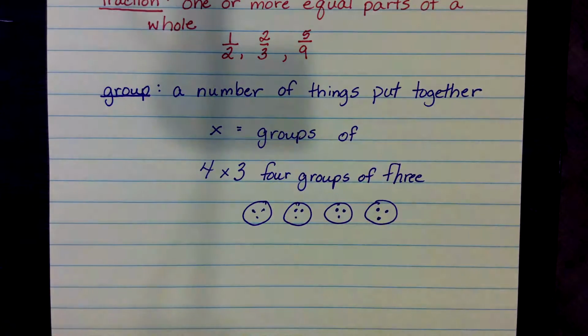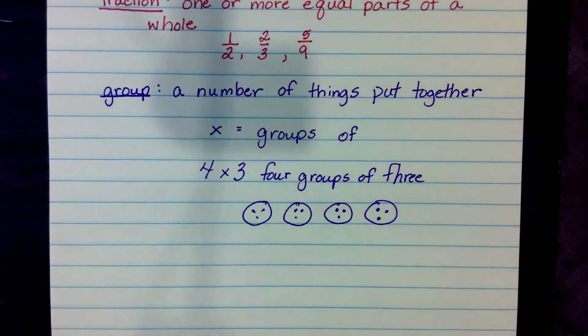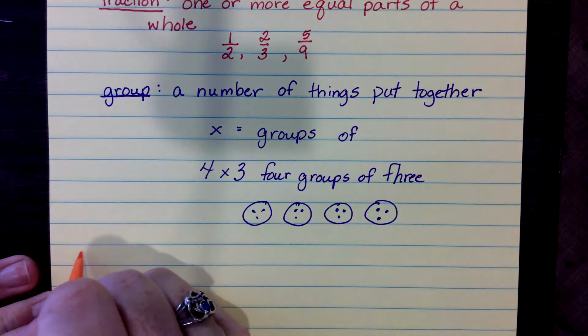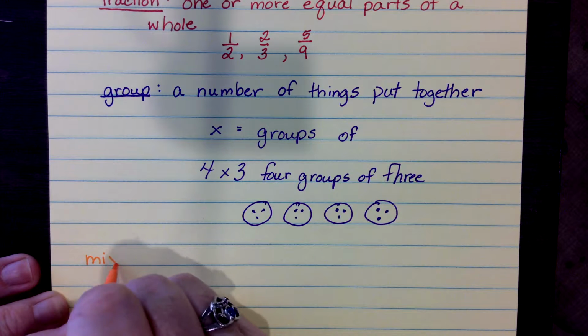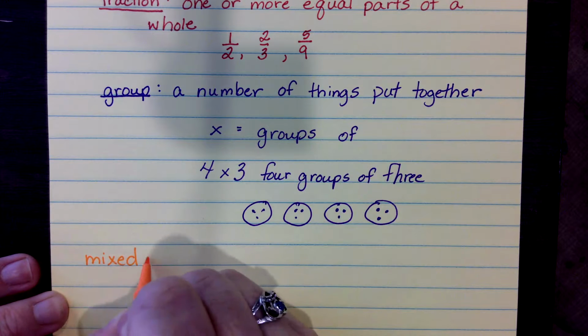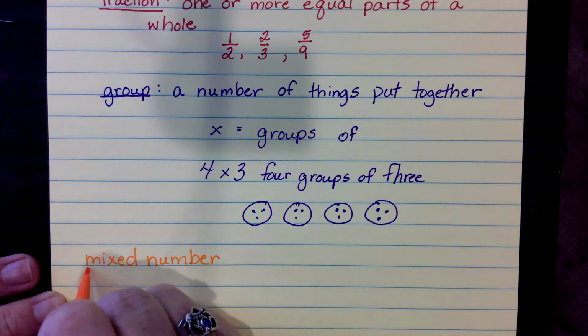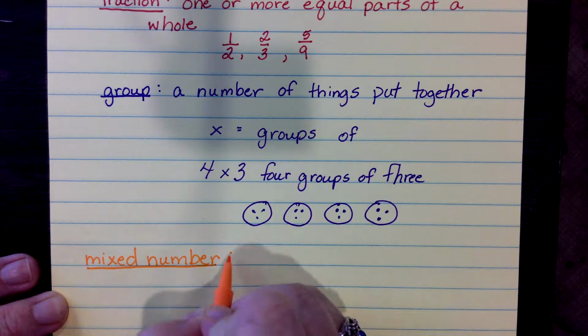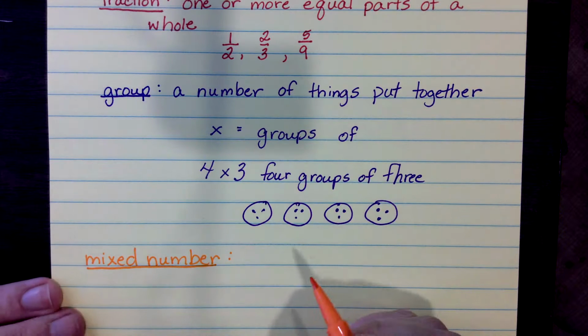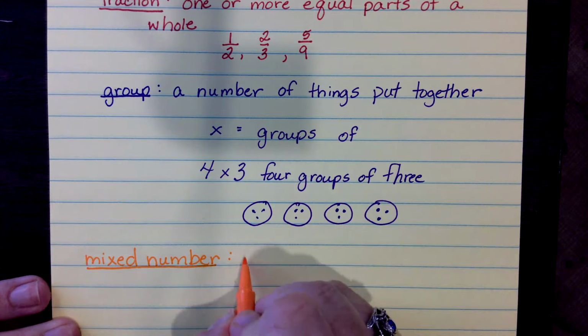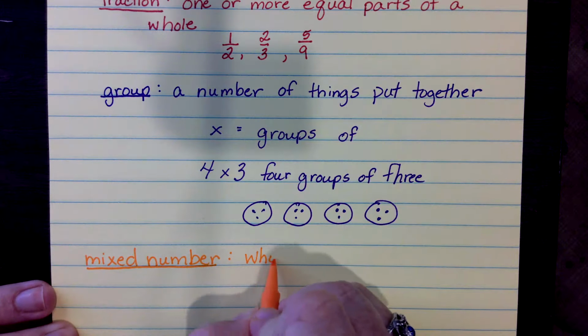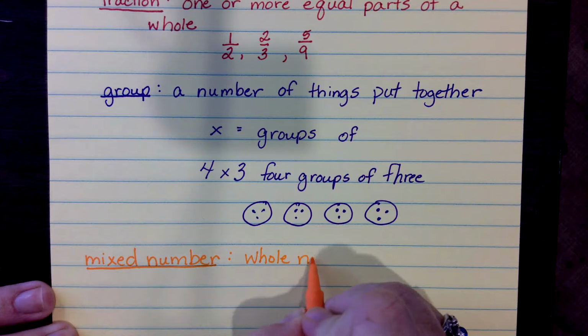All right, your next vocabulary word is mixed number. Again, this is something we've already worked with in the previous unit. A mixed number is a number that's made up of a whole and a fraction. Okay, so it's a whole number and a fraction.